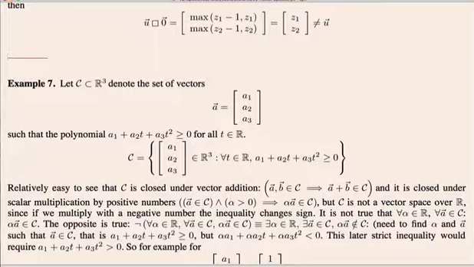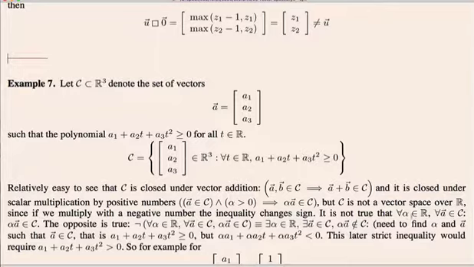So that means that for all a from this set C and alpha positive number, we have that alpha times a is in the same set C. But still, C is not a vector space over the real numbers, because if we multiply with negative number, the inequality changes. So this inequality doesn't hold anymore when you multiply with negative number.